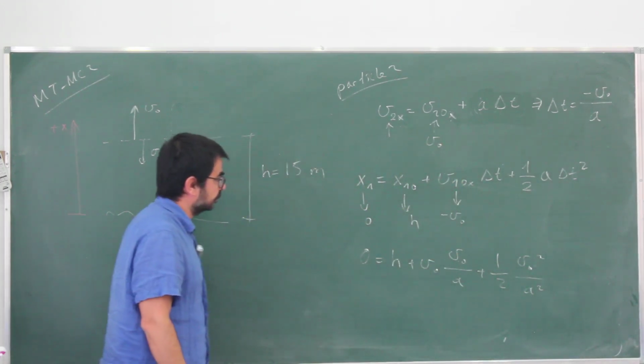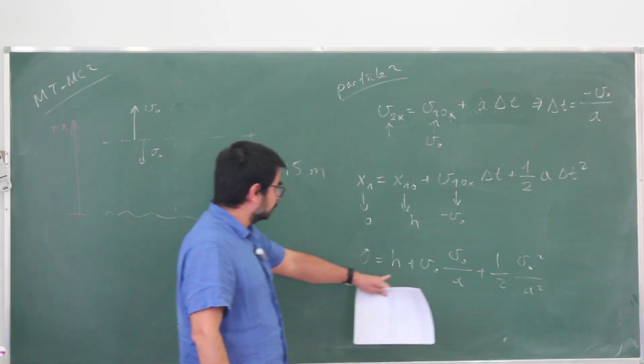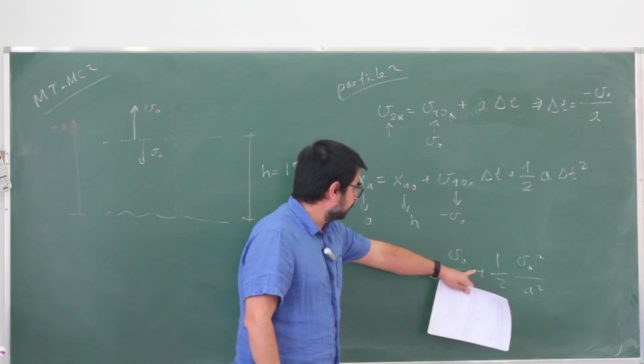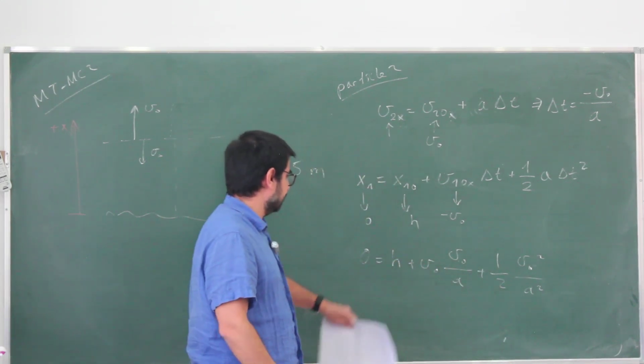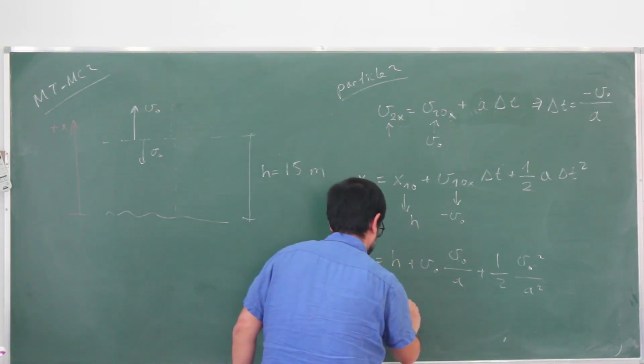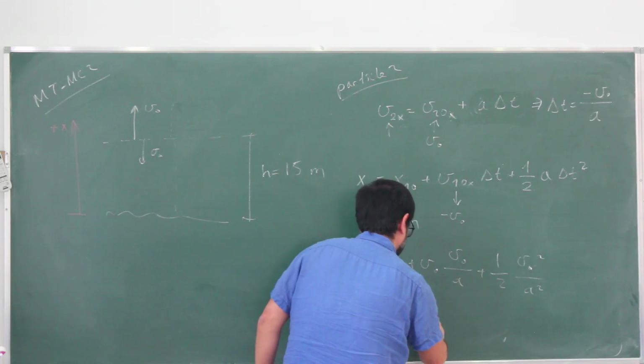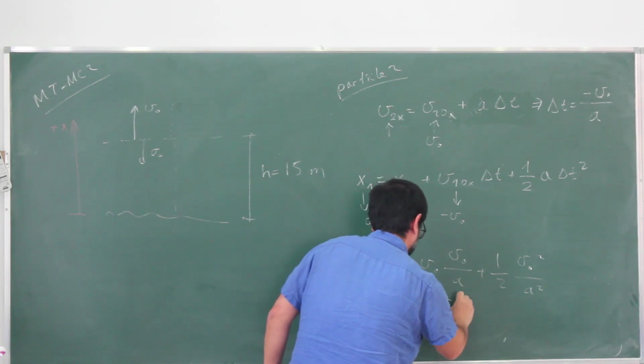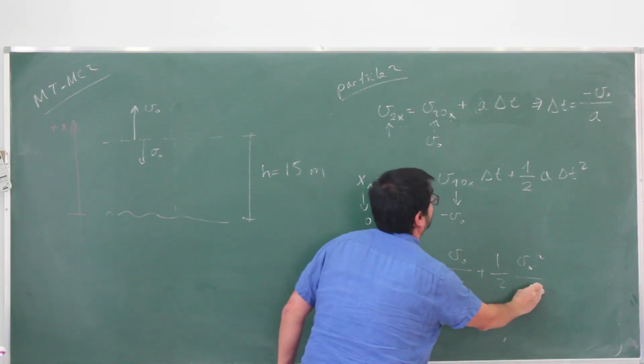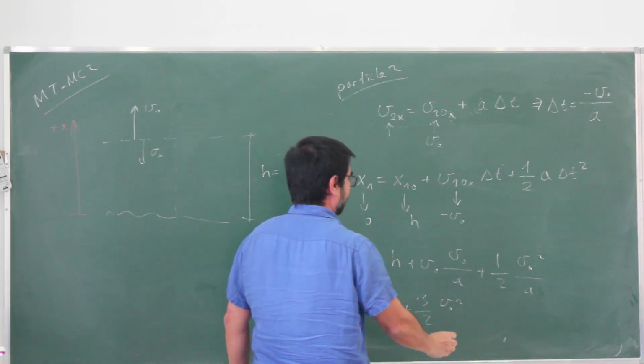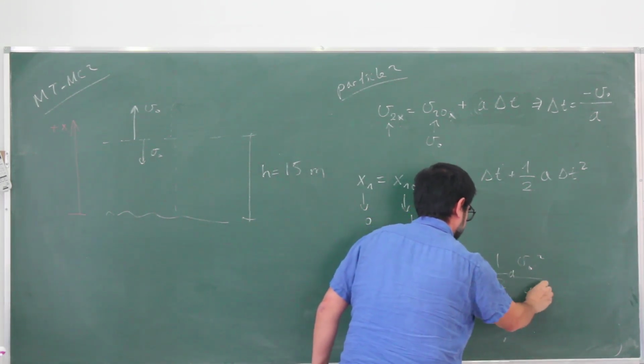So its square is of course going to be positive. So this is v0 square over a plus 1/2 of that, so it's 3/2. H plus 3/2 v0 square over a, because there's an a here, a square.